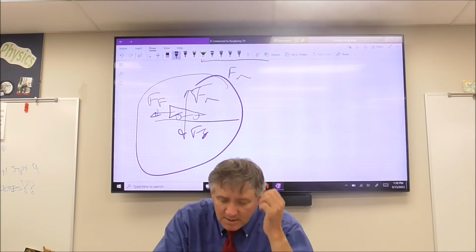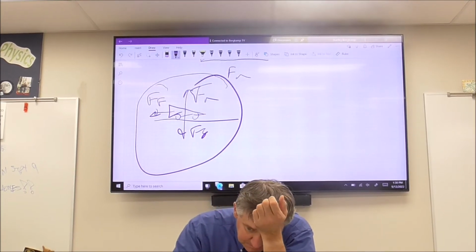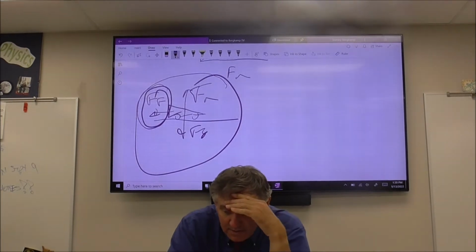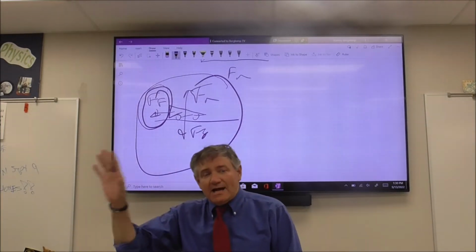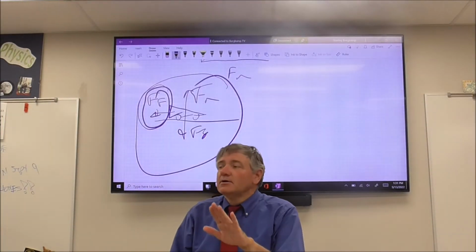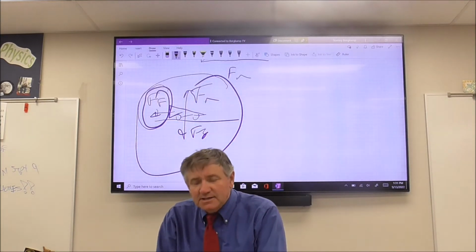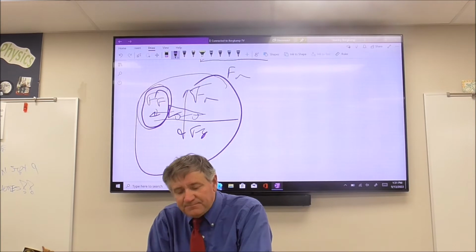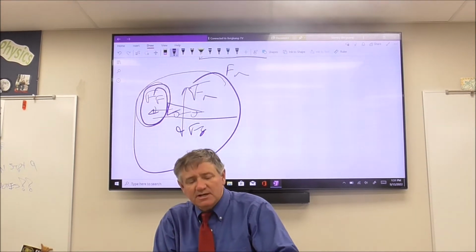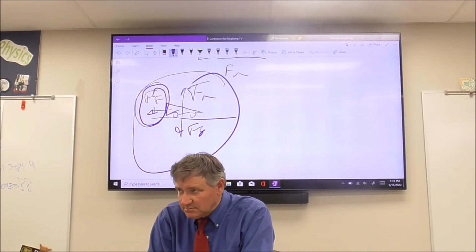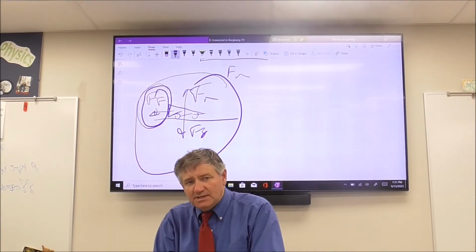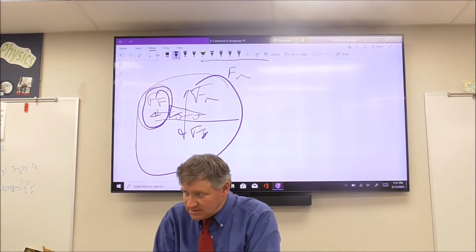Okay? So here's what I want you to see. When you have that value over there, notice that there's no force acting forward. Okay? I want you to get this out of your minds right now. Inertia is not a force, okay? Inertia is the tendency of an object to maintain whatever state of motion that it's in.